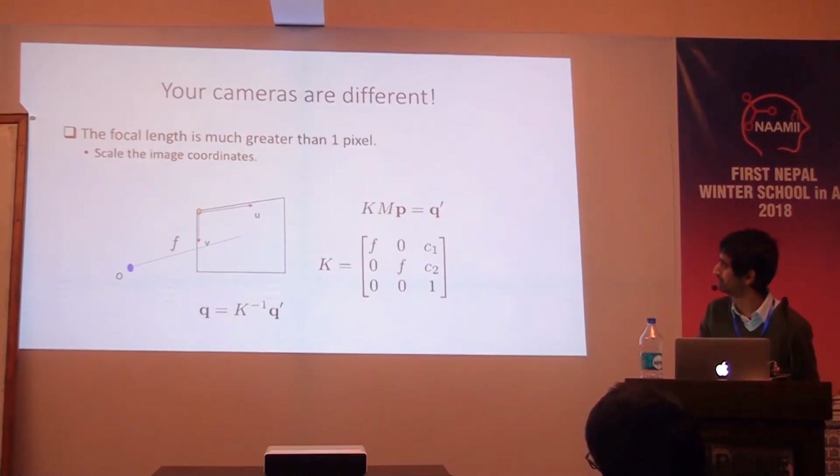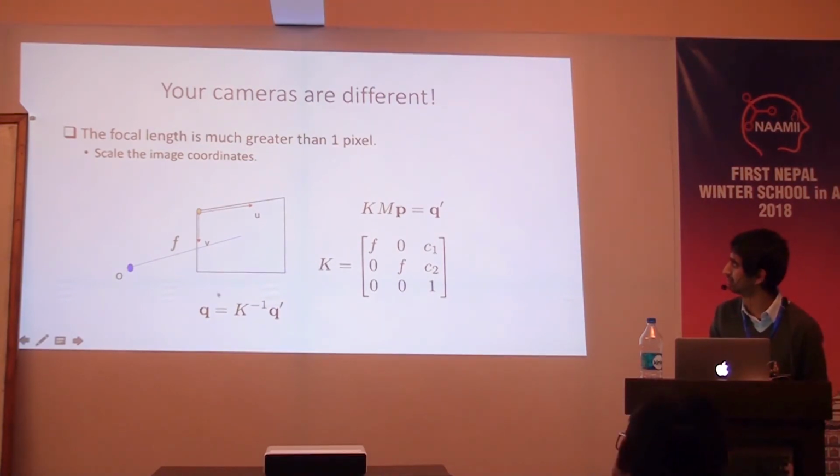So for real cameras, we have this equation. Now K is an invertible matrix, so you can just take it to the other side, K inverse. Now, from there we have Q equals K inverse Q prime.